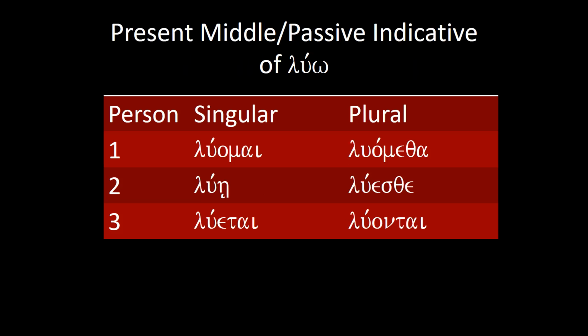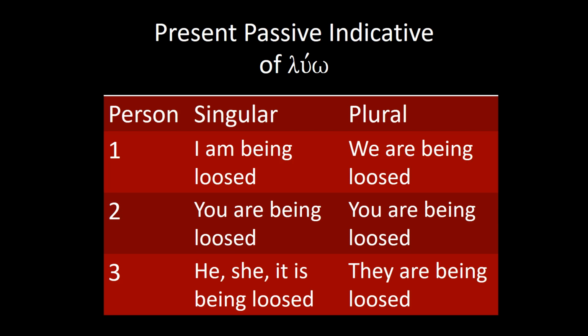So you have stem plus connecting vowel plus endings. Luomai, luei, luetai, luometha, lueshe, luontai. If you translate it as a passive, I am being loosed, you are being loosed, he, she, or it is being loosed. We are being loosed, you are being loosed, they are being loosed.